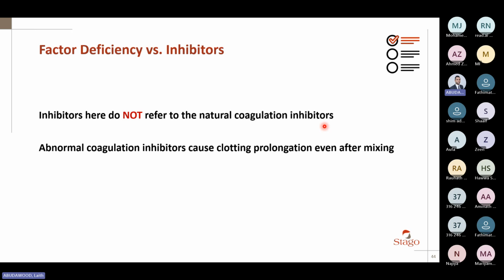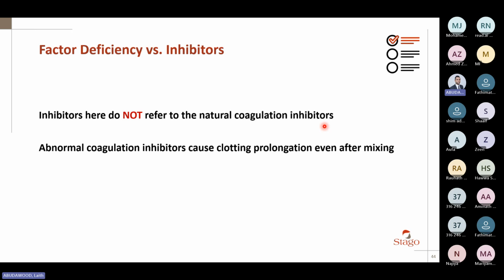However, the inhibitors that we are referring to here are not physiological ones. They are not normally present. For example, lupus anticoagulant is one inhibitor of your coagulation assays. Lupus anticoagulants are pathological. They are not normally present in the blood. Heparin is also an inhibitor in this case. Heparin is a medication; it's not normally present in the blood.